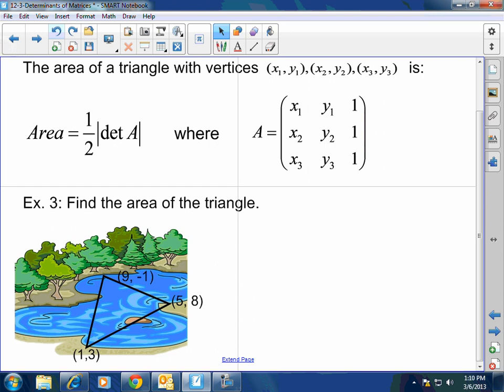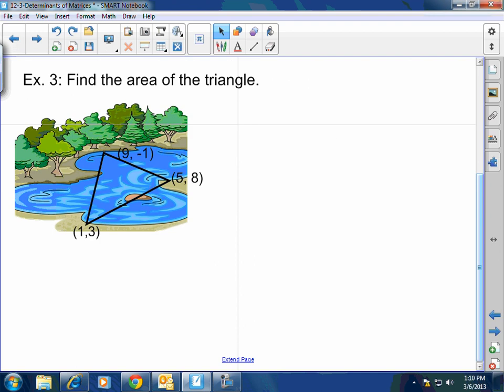But my point is, have you ever heard of those Coast Guard shows? And how they triangulate? Well, this isn't triangulation because you need trigonometry for that. But what this does do is tell you the area of where someone's lost, or how large an area you need to look for.